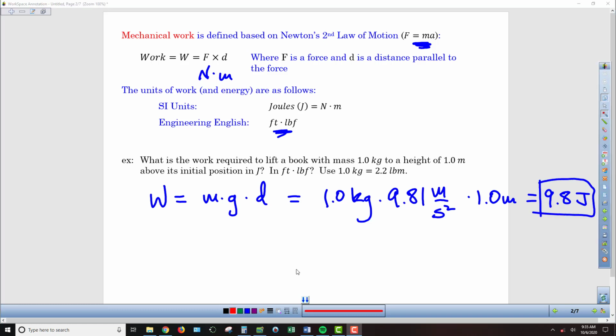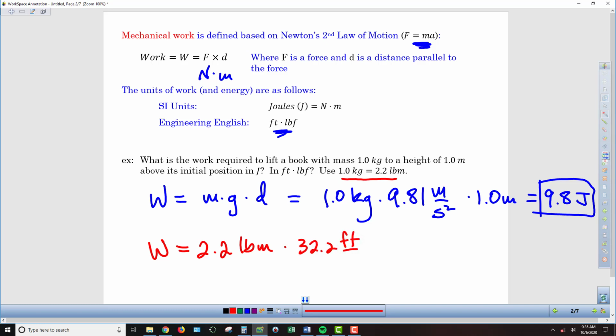In foot-pound force, we're going to do the same thing. So our mass, we're going to use the conversion here. Our mass is going to be 2.2 pound mass times acceleration due to gravity in English units, which is 32.2 feet per second squared. But because the mass is in pound mass, we do need to use g sub c.